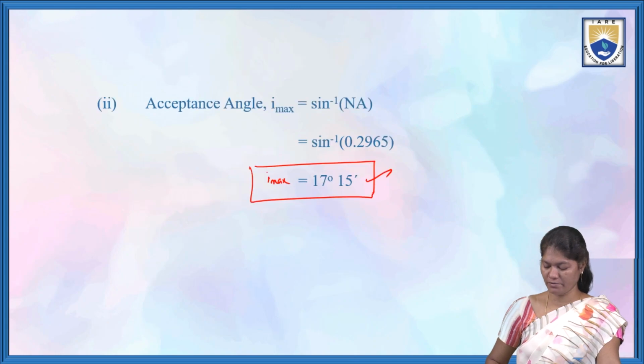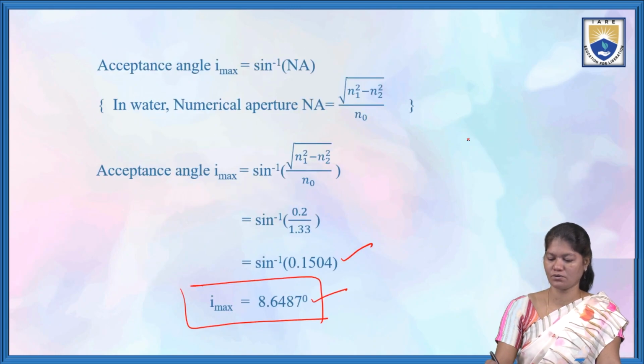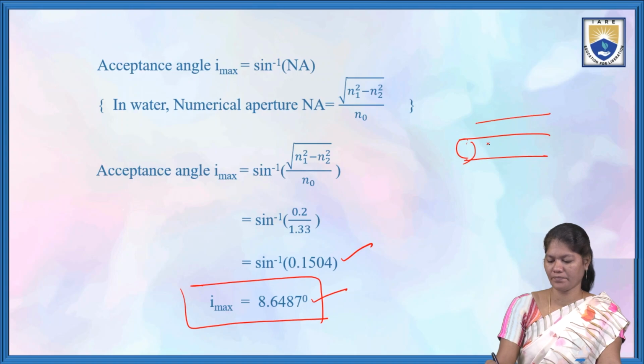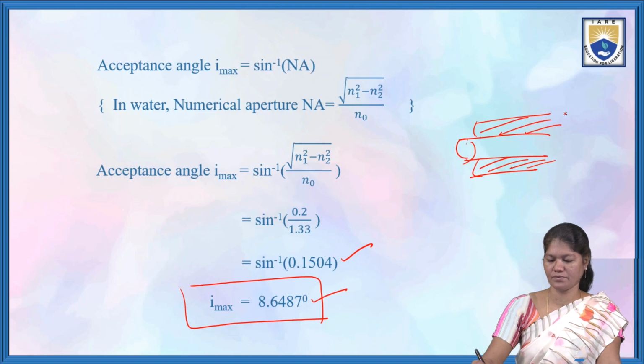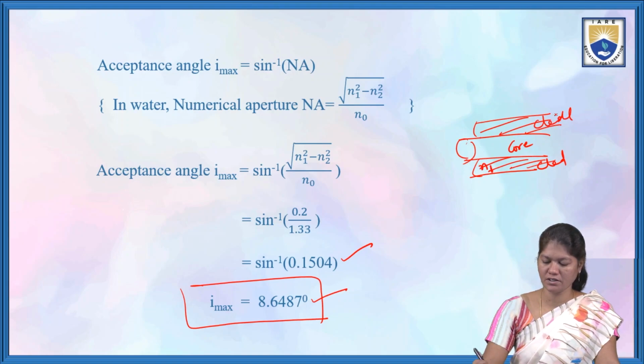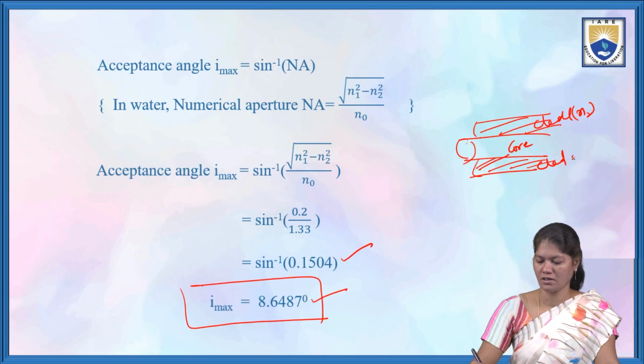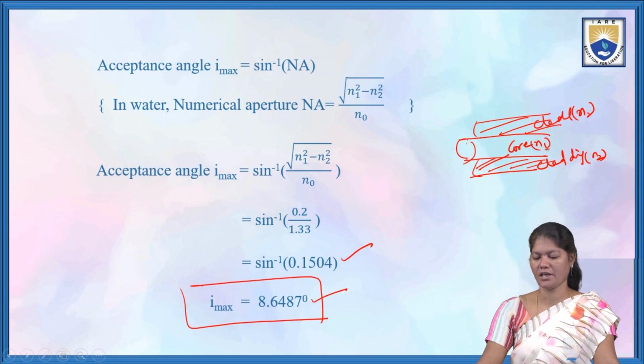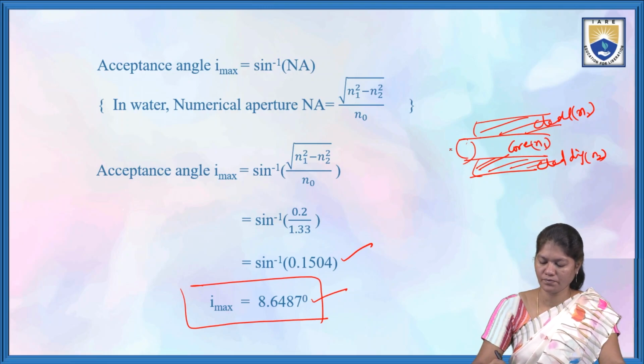So the optical fiber is in water. Here we have the core and cladding; this refractive index is N1 and this refractive index is N2.